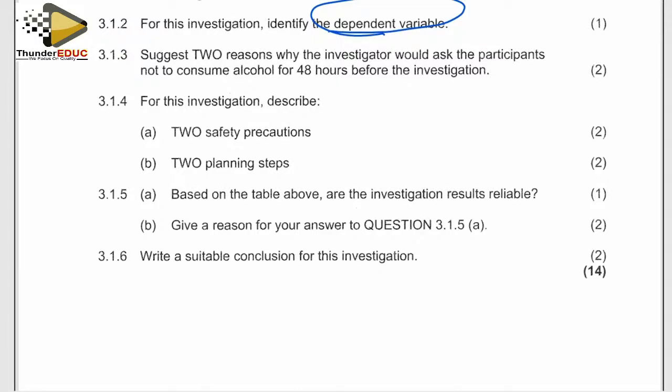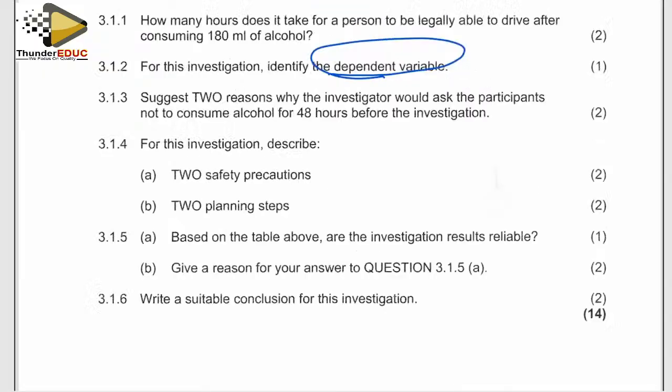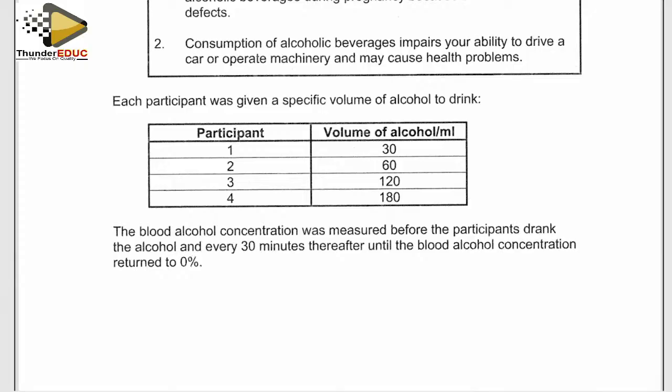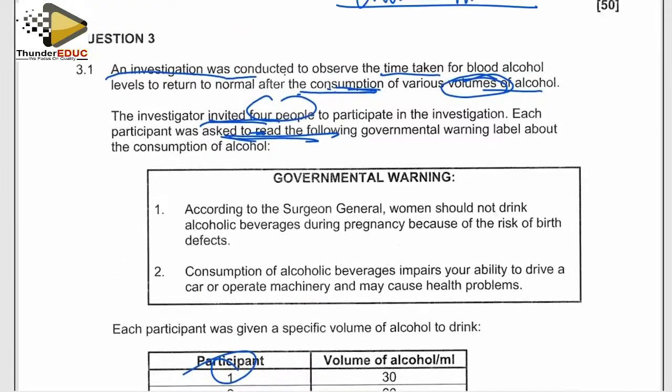Then based on the table above, are the investigator's results reliable? On this table, I will say no, they are not reliable. Why? You can't use one participant, one person. You need a large sample size, maybe in groups.